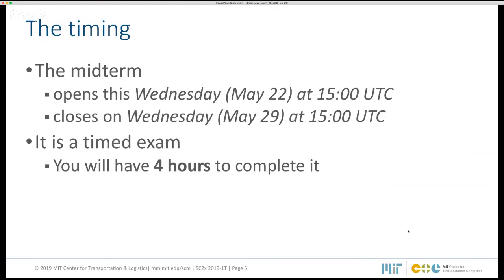In this case, you will have 4 hours to complete the test. Once you start the exam, you will have only 4 hours. If you want to get the full 4 hours, you have to start the exam at least 4 hours before the deadline, Wednesday, May 29th at 1500 UTC.